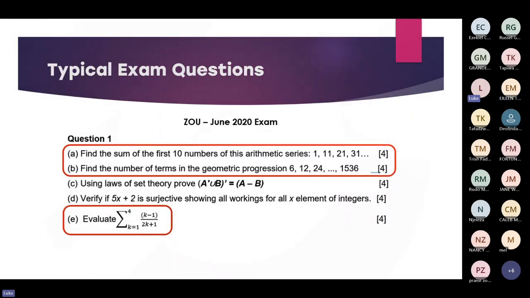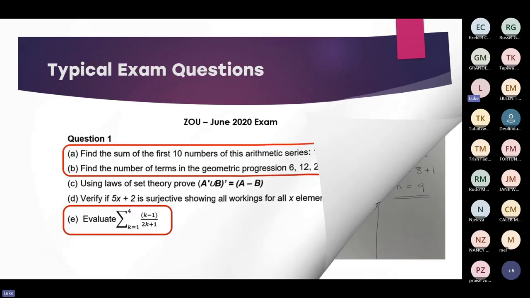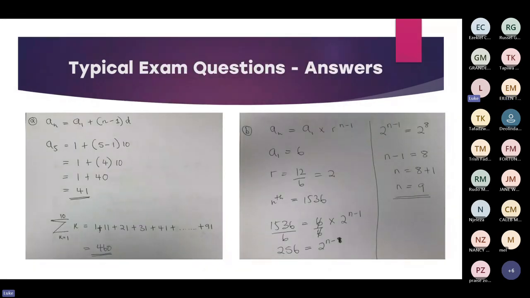We first checked the common difference between the given numbers: from 1 to 11, 11 to 21, 21 to 31. We realized these numbers have a common difference of 10. So our numbers go from k equals 1 to the limit of 10. If we say 1 plus 11 plus 21 up to the 10th value that we want, which is 91, we get our answer, which is 460. This is how we went about it.